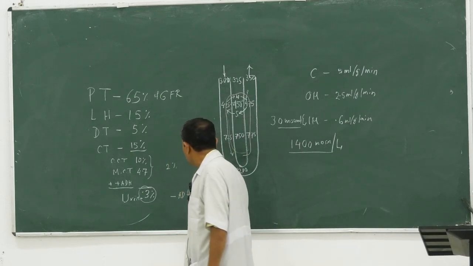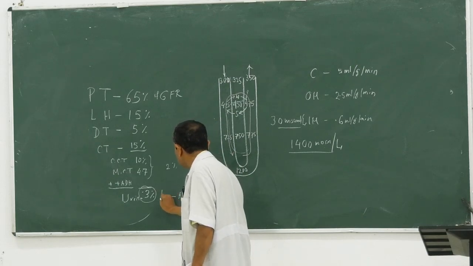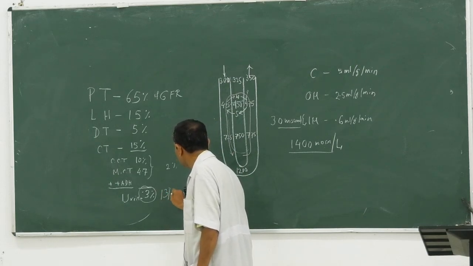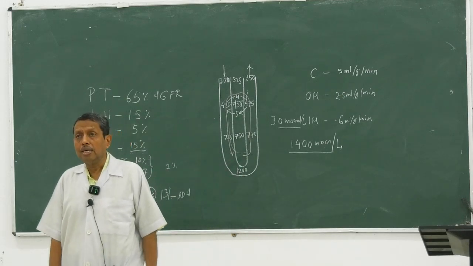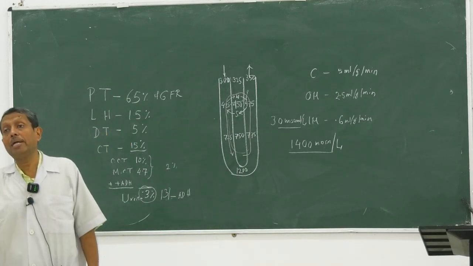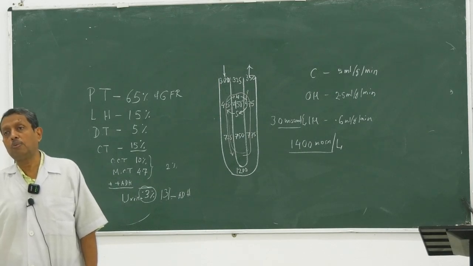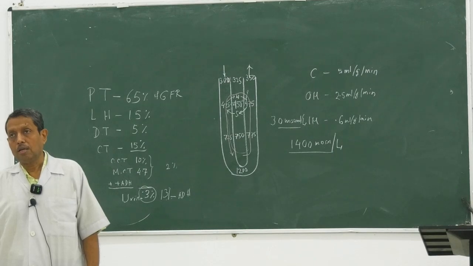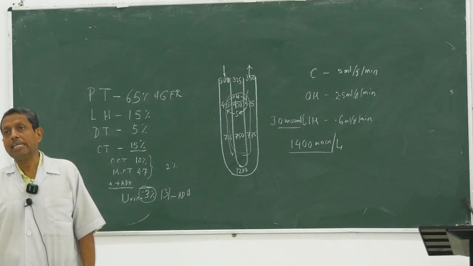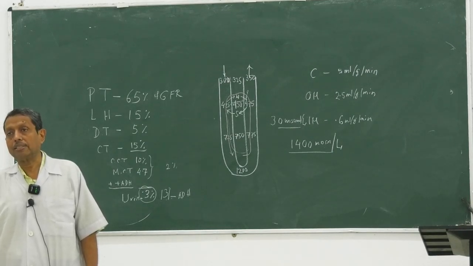So urine in this situation is 13%, along with sodium and other substances 2%. Even in the absence of ADH, 13% of the filtrate is excreted in the urine.